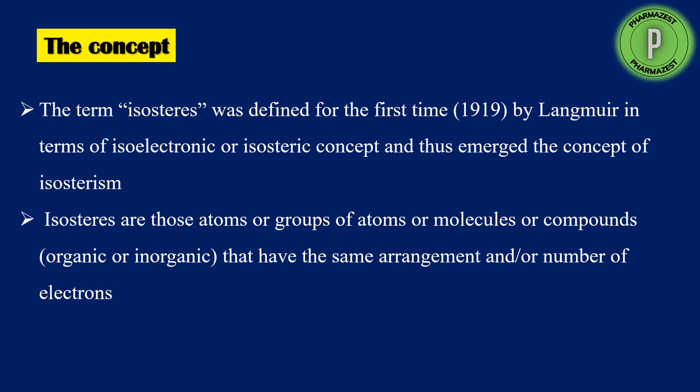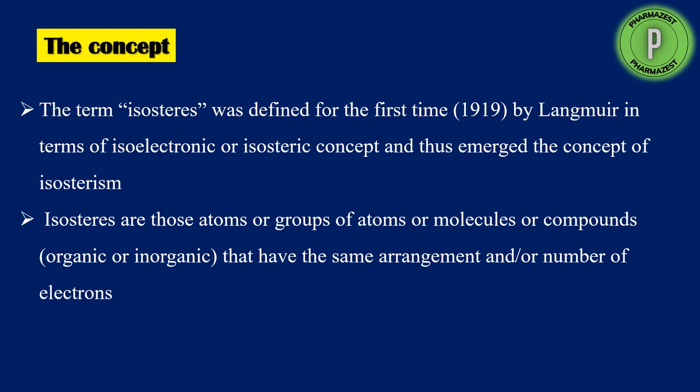Isosteres are atoms or groups of atoms or molecules or compounds. They can be either organic or inorganic, which have a similar arrangement of atoms and the same number of electrons.